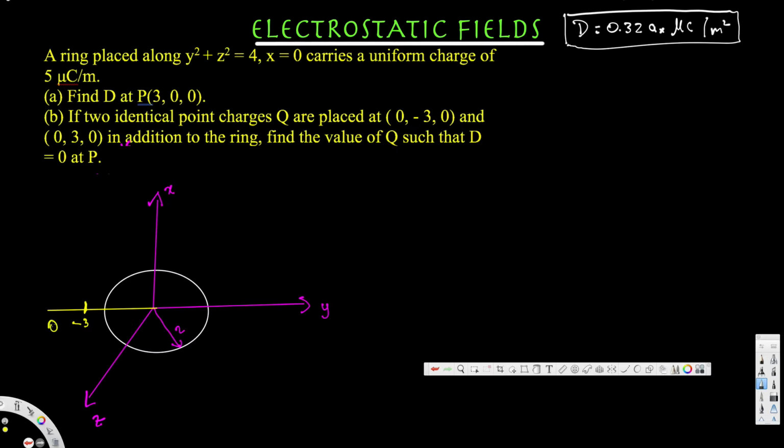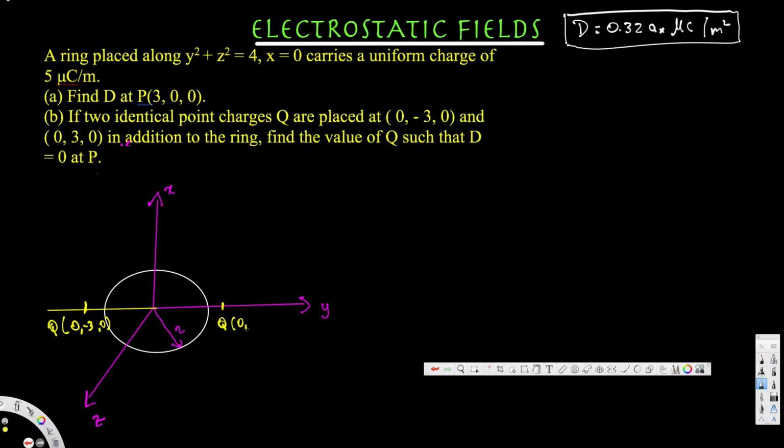So Q at -30 is going to be somewhere here. Actually 0, -30, right? Because this is on the y-axis. So this is 0, -30, and then we have another one, 0, +30. That's also on the y-axis, a little bit above this.